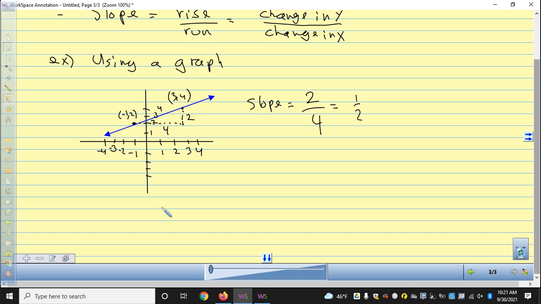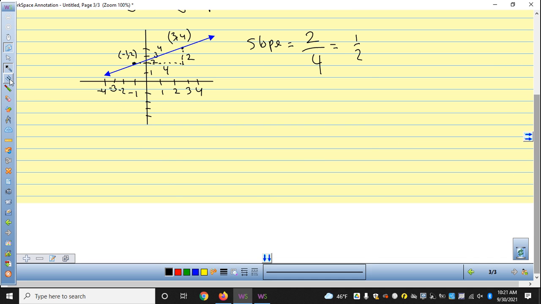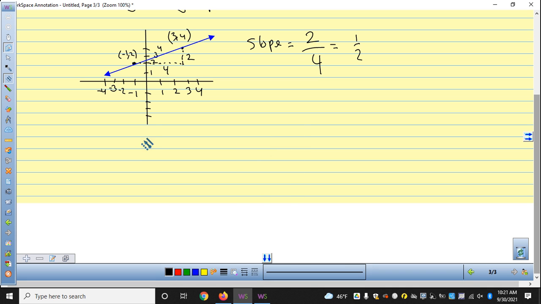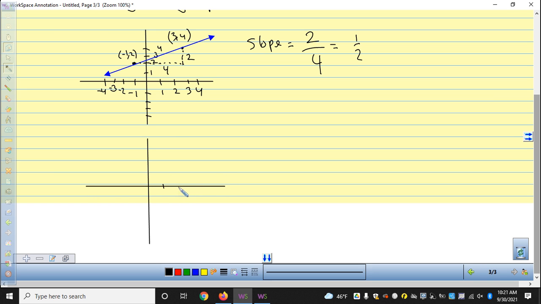Questions there? Hopefully, this counting spaces to find rise over run is somewhat familiar, maybe ringing a little bit of a bell. Let's look at another graph. I'm going by ones here, 1, 2.